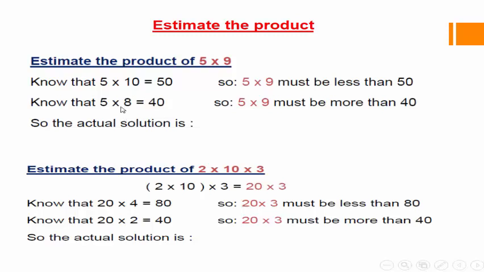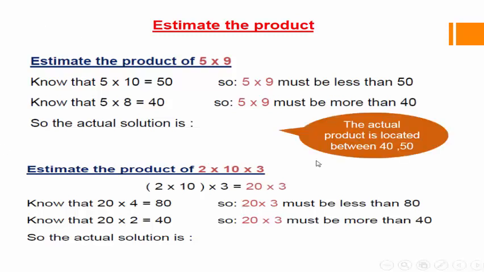And we will take 5 times 8. You know that 5 times 8 equals 40. So 5 times 9 must be more than 40. Why? Because 9 is more than 8. So we found two multiplication problems which are nearest to 5 times 9, and we know which is less than and which is more than.